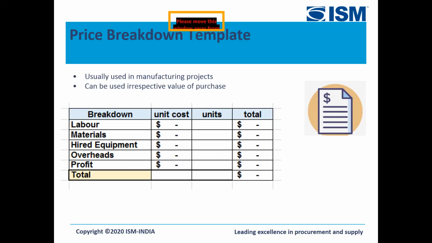I have kept very few items here. It can be more elaborate if you are able to delve into the elements, but this is on a very high level, where you're able to break down the overall cost with respect to labor, material, hired equipment, overheads and profit.